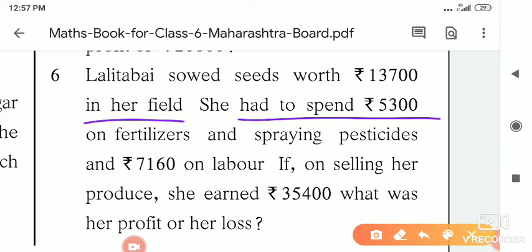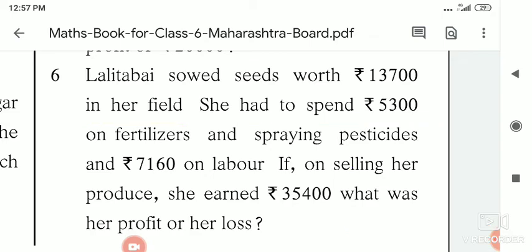She sowed the seed for 13,700, then she spent 5,300 rupees on fertilizers and pesticides and 7,160 rupees on labor, and the selling price is 35,400. So let's solve the example.